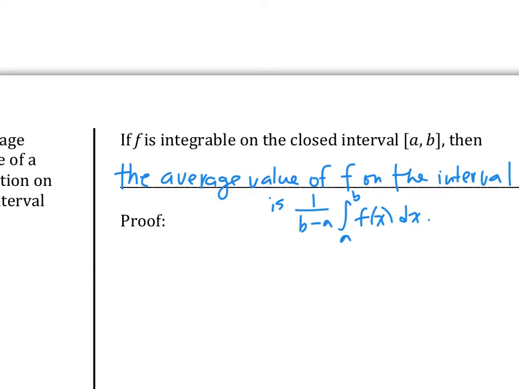So if you have a function f that you can integrate from a to b, then the average value of f is that formula. We're going to talk about what that means.